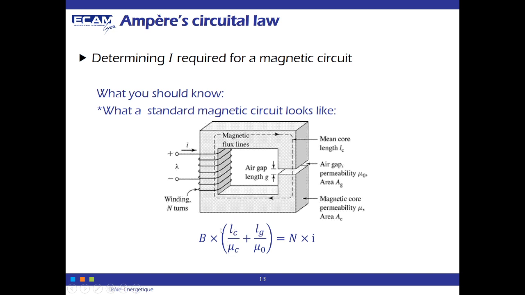The first term in the parenthesis represents the core's reluctance, and the second one represents the air gap's reluctance. Now, I want you to think about the permeability in the denominator, and you will see how great the reluctance value will be compared to the core's reluctance.